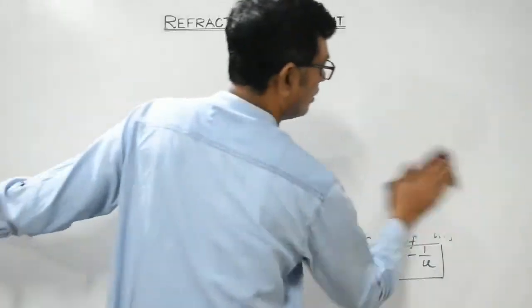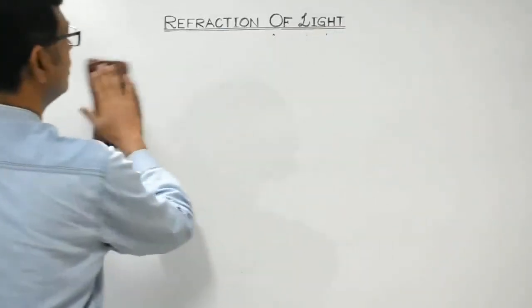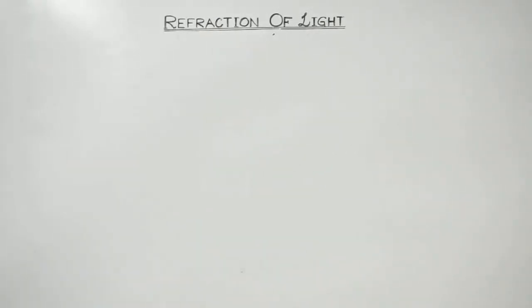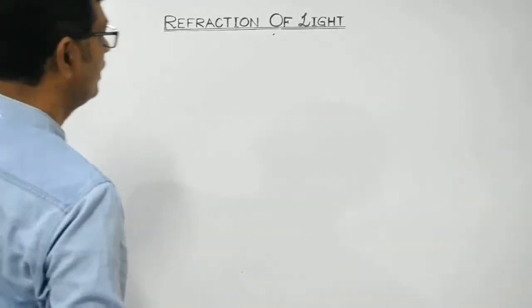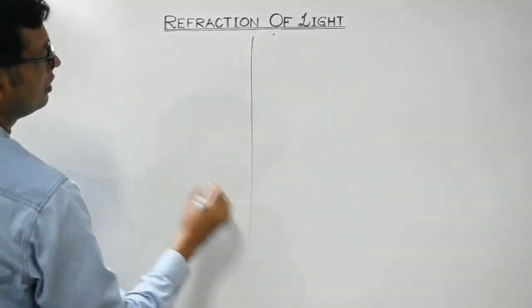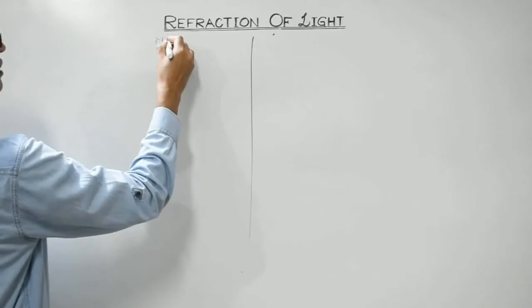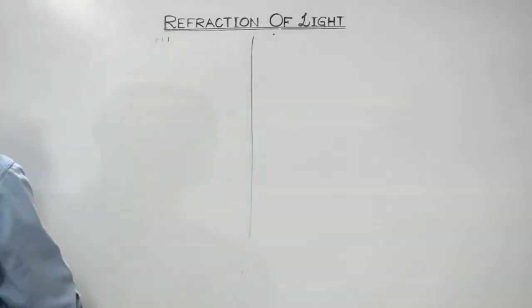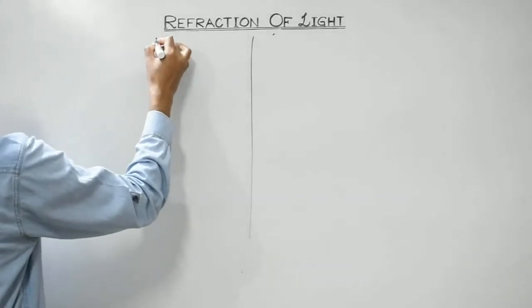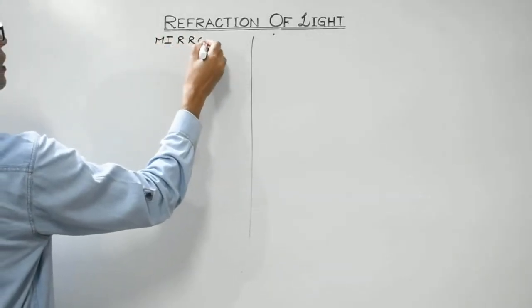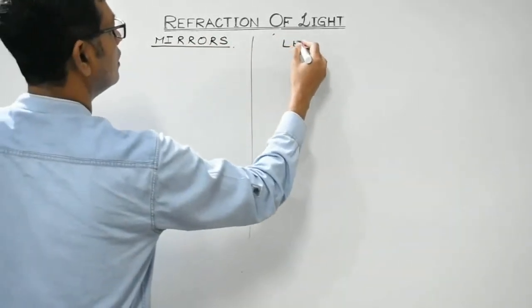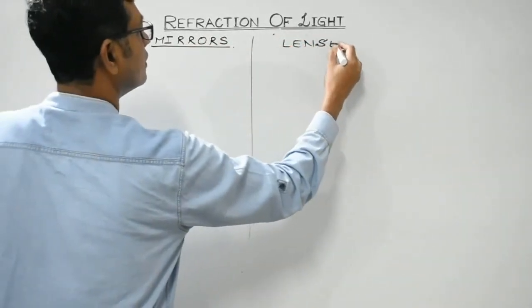We'll prepare 2 columns and then we'll discuss the related concepts. Let's dedicate the first column to mirrors, and here for lenses.